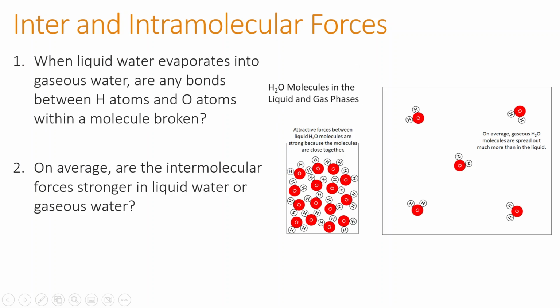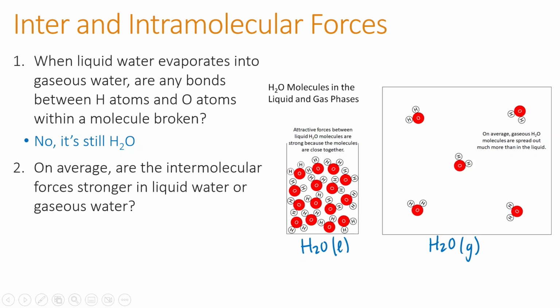So when liquid water evaporates into gaseous water, are any bonds between hydrogen and oxygen being broken? We see that that's not the case. We have H2O liquid, and we have H2O gas, but both of them are still H2O.